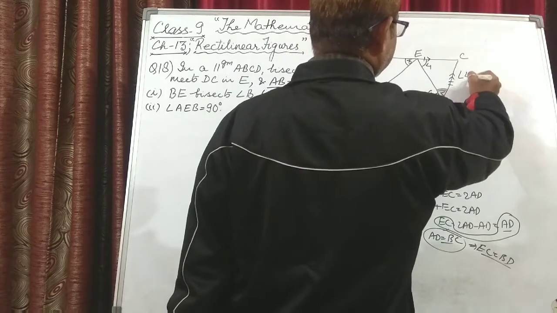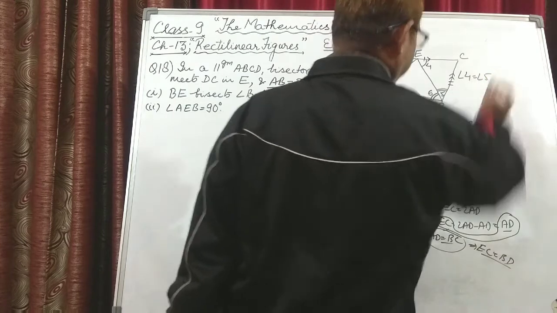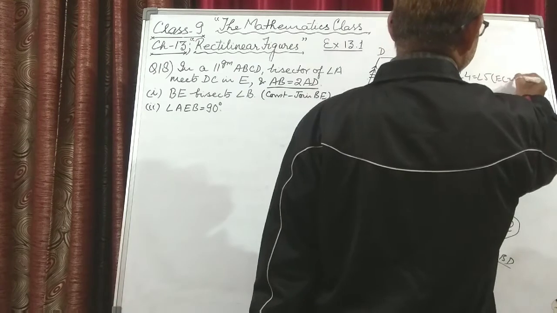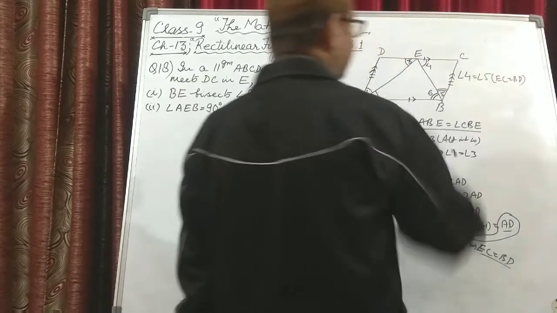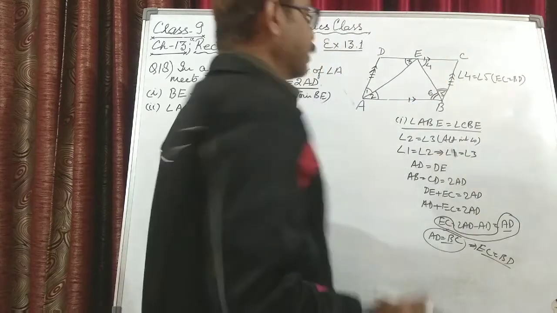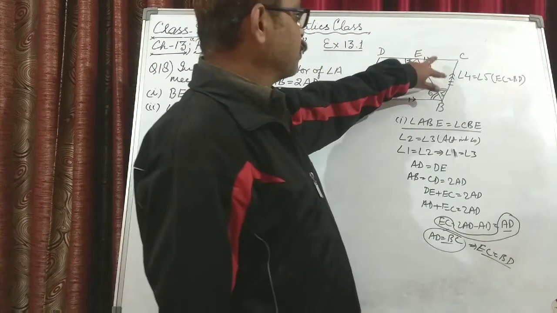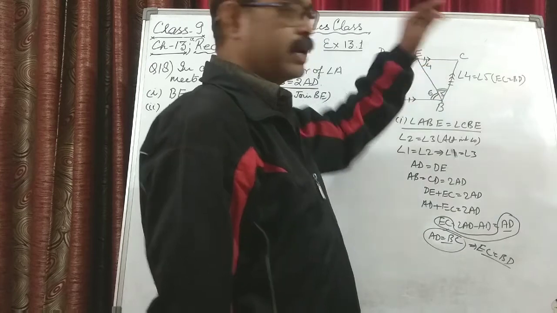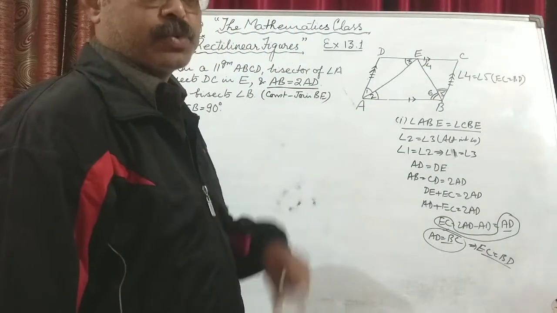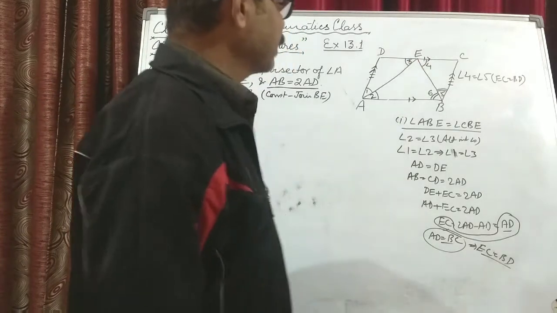We can say angle 4 is equal to angle 5 because we have proved that EC is equal to BC. Because EC and BC are equal, ECB will become an isosceles triangle, and we know that in an isosceles triangle angles opposite to equal sides are equal, so angle 4 and 5 will be equal.